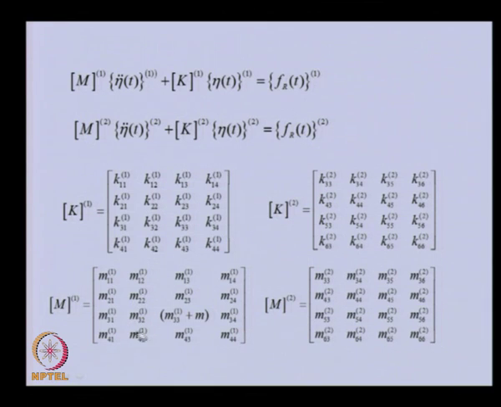Because at node 2 we have a concentrated mass, that is a point mass, in the diagonal term the mass of the disk is also appearing apart from the mass of the shaft. Other terms belong to the mass of the shaft, only this term is from the disk.